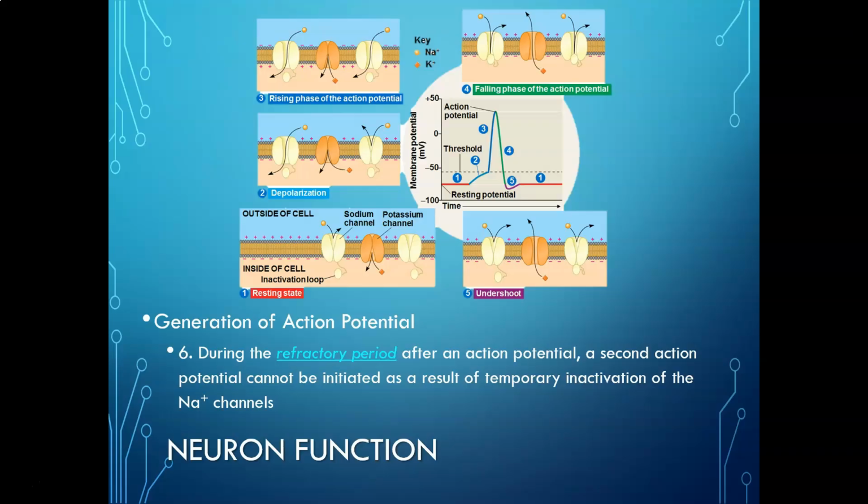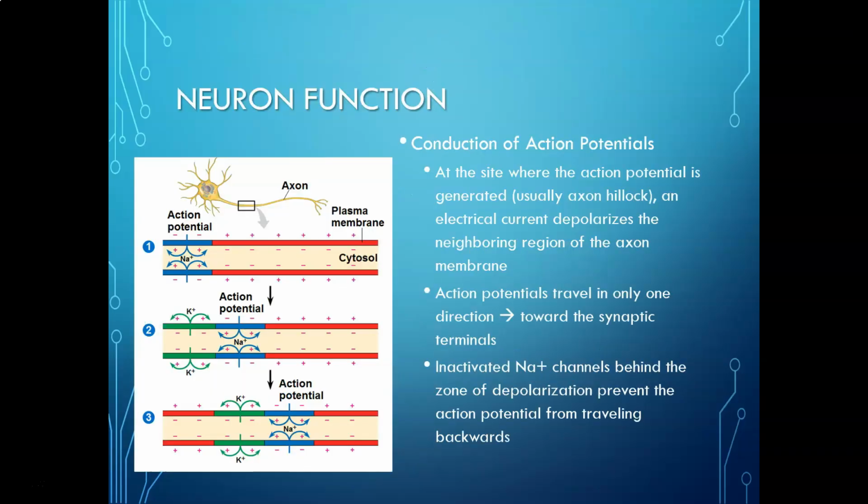But during this period, there is no way for your cells to send a second action potential down the axon. It's a temporary inactivation of the entire neuron, really by inactivating your sodium channels. That's going to allow your cell to have the time to reset that resting potential. And once that resting potential is reestablished, then we can go ahead and send a new signal.